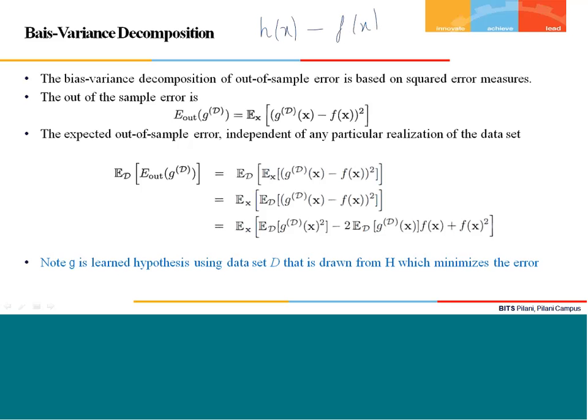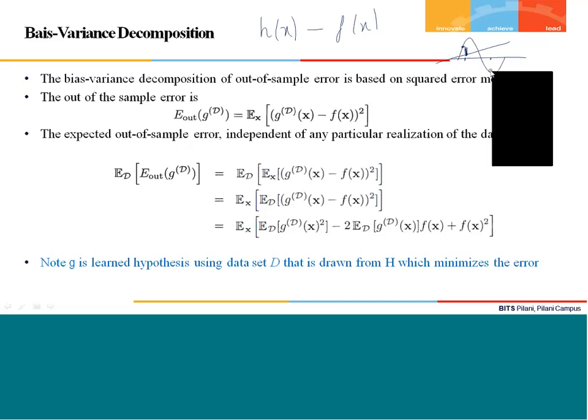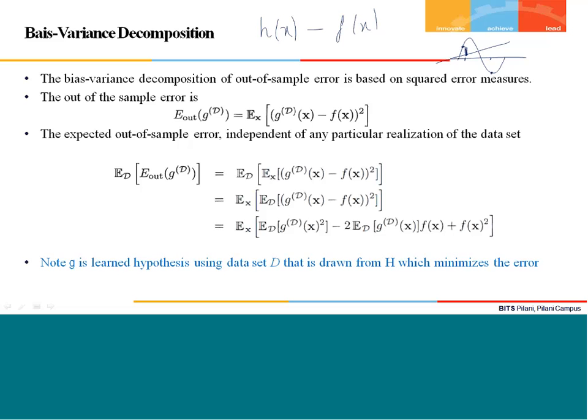So how much your true function value, for example for this x, this is the value of the true function, and this is the value of the hypothesis h of x. So how much are these different? And again, for the true function this is the value f of x, and this is the value of h of x.